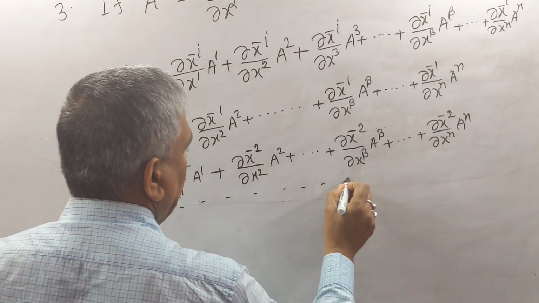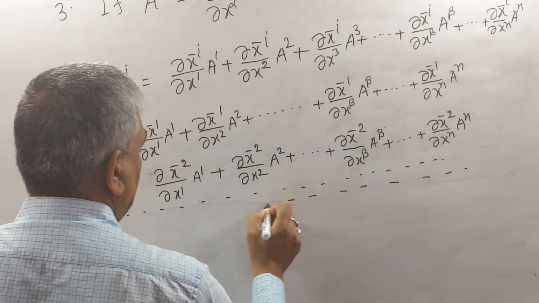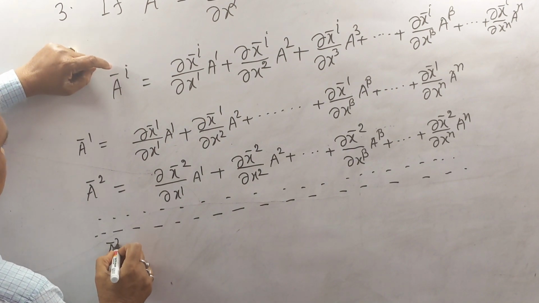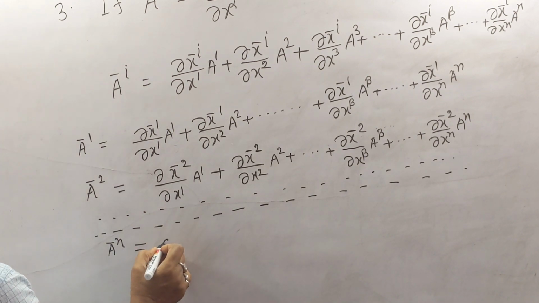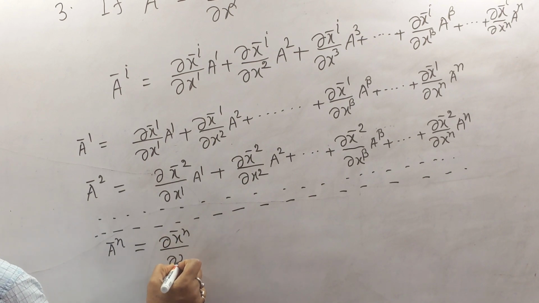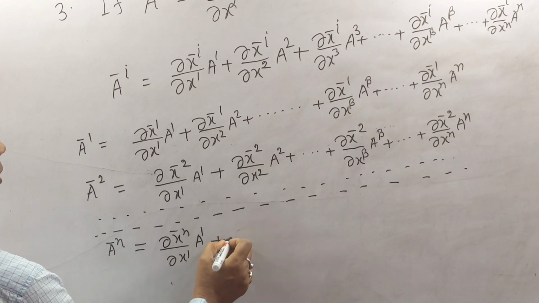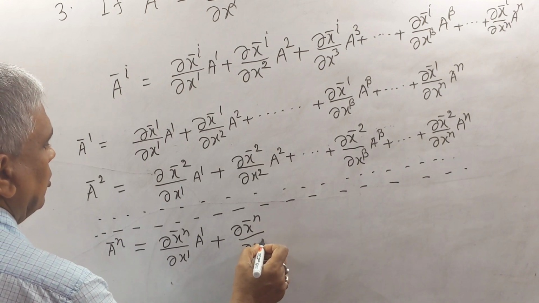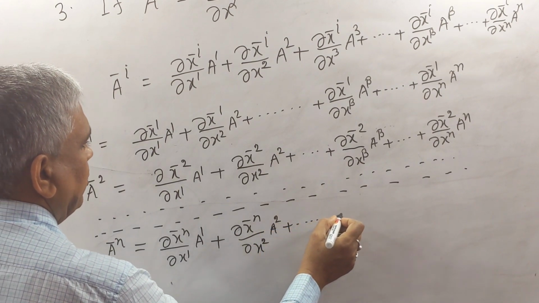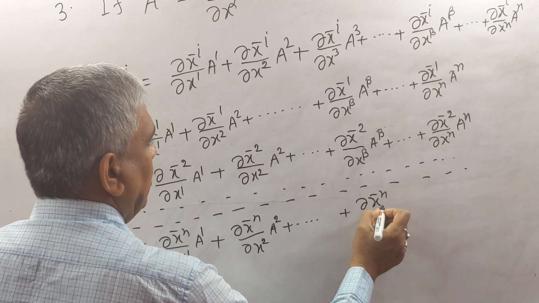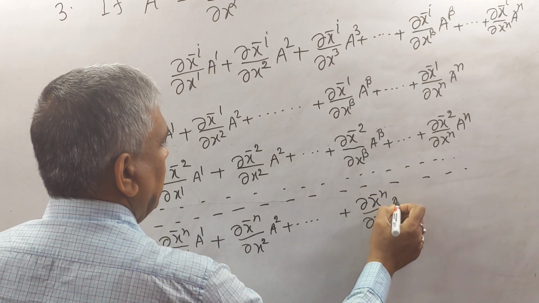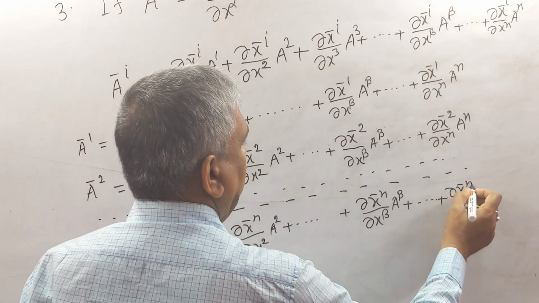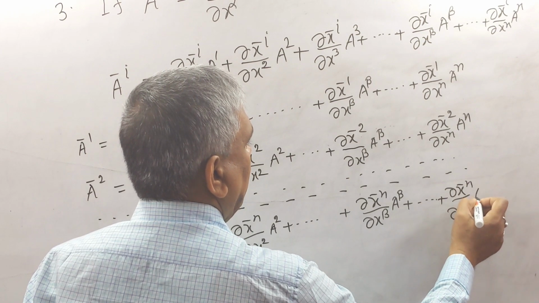Similarly, we may write for i equal to n, a bar n equals del x bar n by del x1 a1 plus del x bar n by del x2 a2, plus del x bar n by del x beta a beta, plus del x bar n by del x n an.